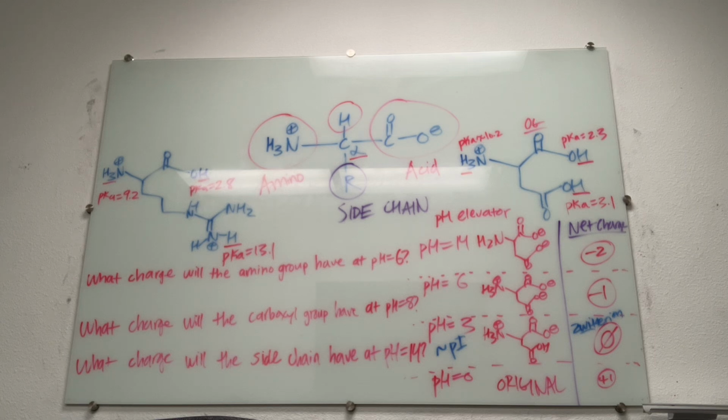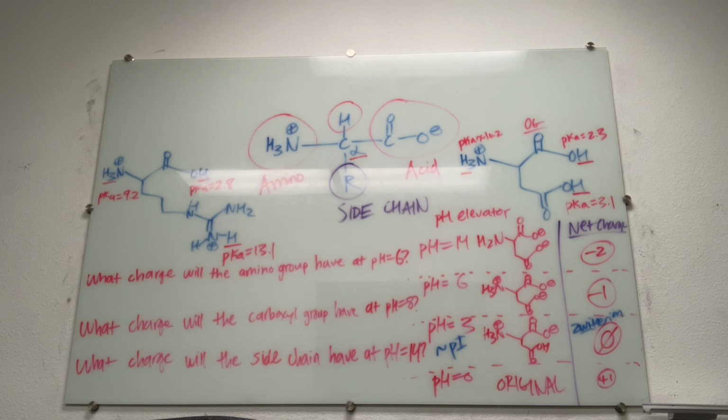But this could be a little bit more tricky if it asks for, let's say, the R group, the side chain, at a pH of 8. If you look at the side chain here, we notice that the pKa is higher than the pH. So would that make it the base or the acid if it's higher than the environment? It wouldn't change, because it wouldn't get deprotonated.